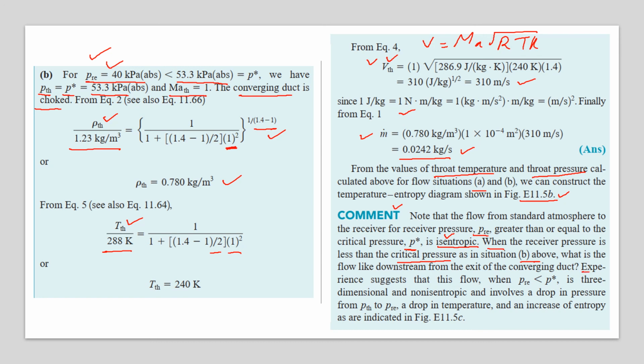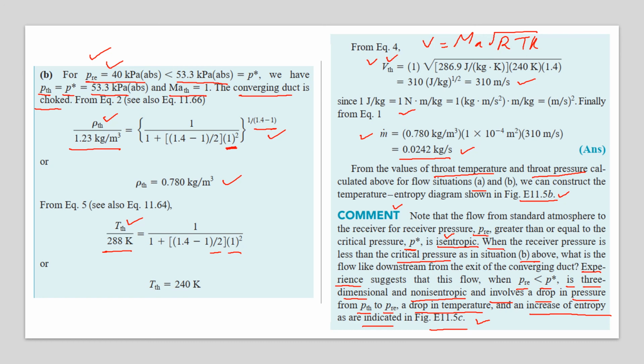Experimental observations and experience suggest that this flow, when the receiver pressure is less than the critical pressure for a certain flow situation, is three-dimensional. The flow will be three-dimensional and non-isentropic. It involves a drop in pressure from the throat pressure to the receiver pressure, a drop in temperature and an increase in entropy, as indicated in figure 11.c, which is given in your book.